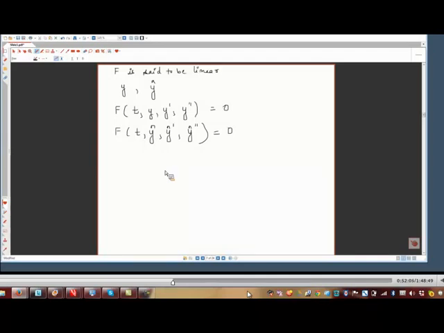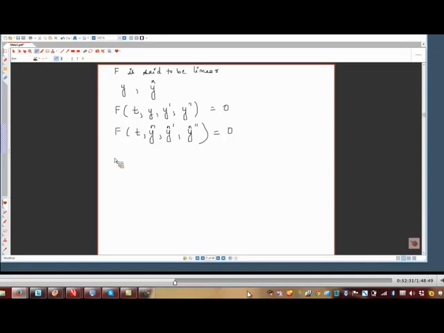Y and y hat are unknown functions, dependent variables, with t the independent variable. They are both dependent variables, and they both are trying to satisfy the same differential equation, right?